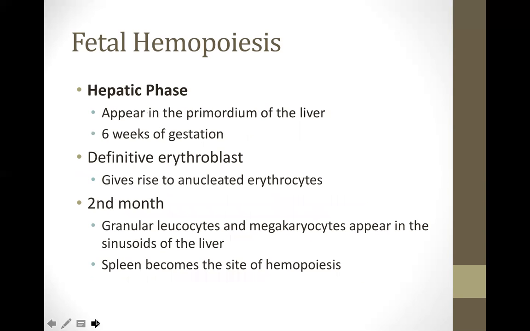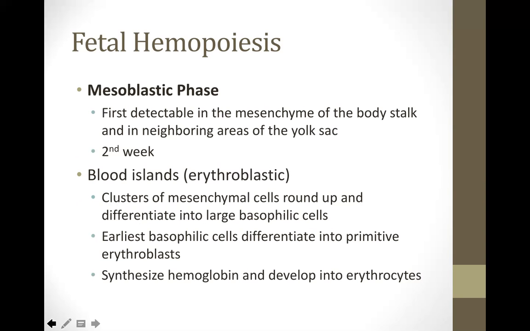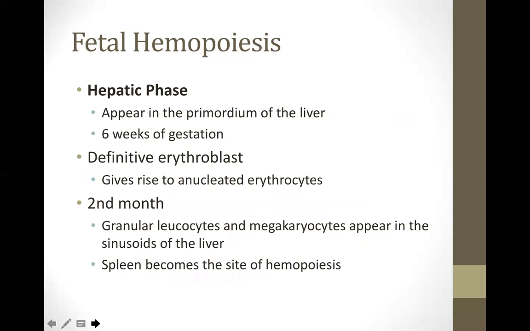Alright, so after the mesoblastic phase, which occurs at the second week in the blood islands, we'll go now to the hepatic phase. From the word itself, the hepatic phase occurs in the liver, at the primordium of the liver, and it starts at 6 weeks age of gestation.